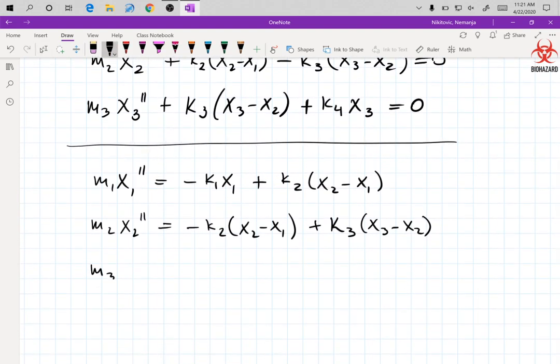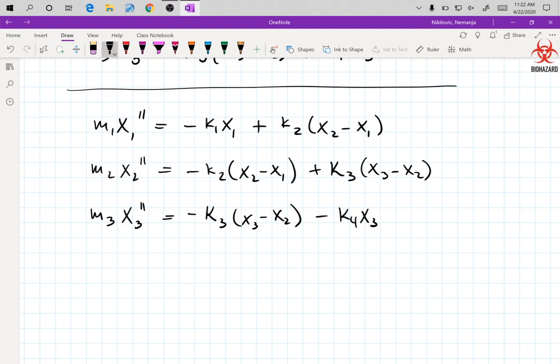And m3 x3 double prime is negative k3 times x3 minus x2 minus k4 x3. Okay, so those are our equations.